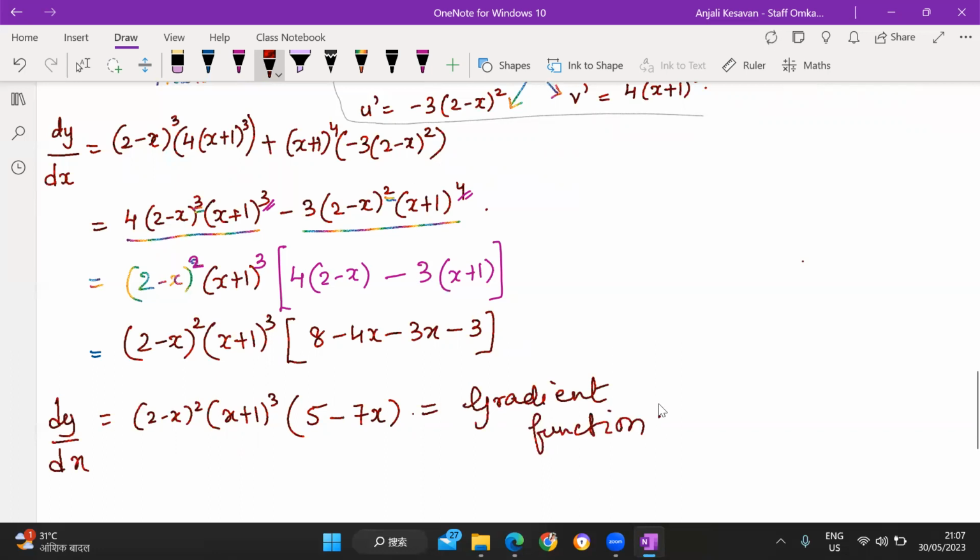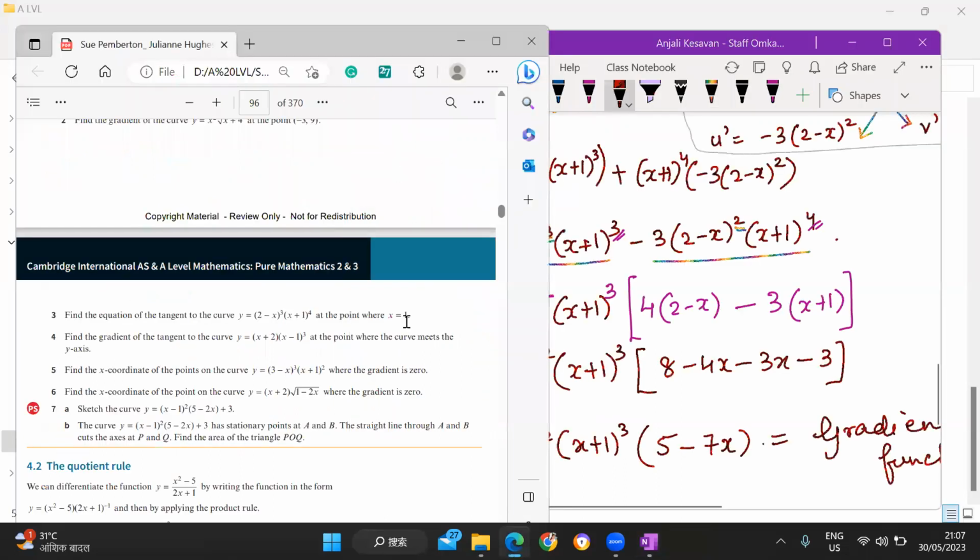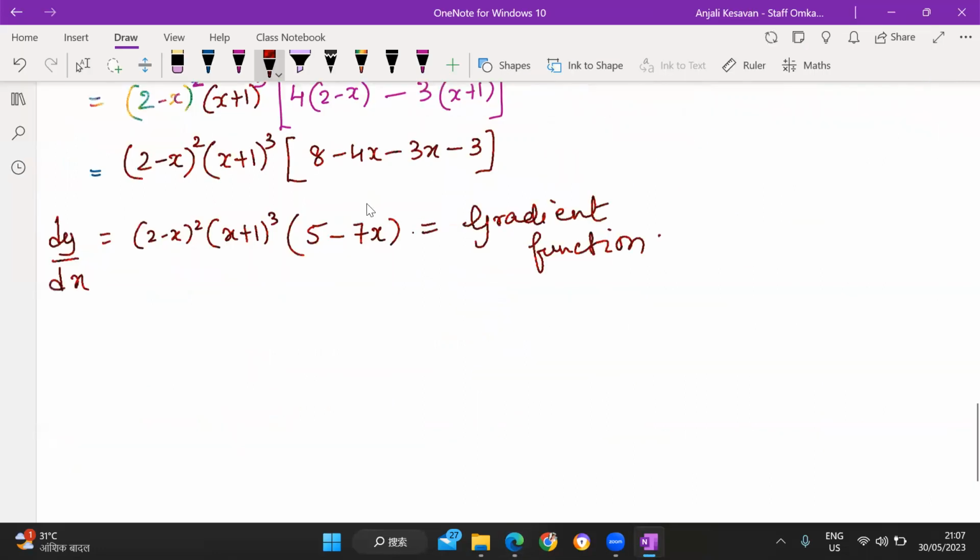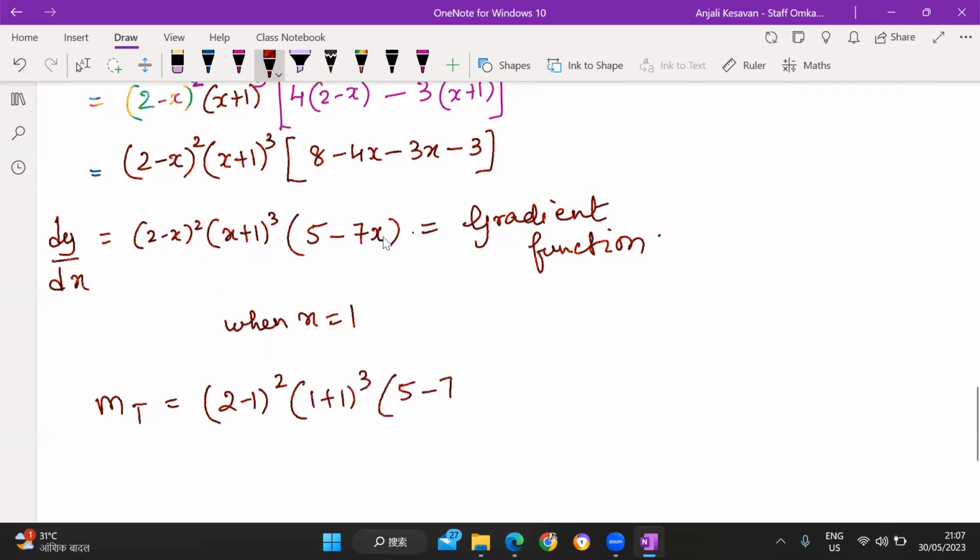By substituting the value of x. So what is our value of x here? In this question, x is equal to 1. So when x is equal to 1, what is our gradient of the tangent? Substitute x is equal to 1 in this. 2 minus 1 the whole square times 1 plus 1 the whole cube, 5 minus 7 because 7 times 1 is 7.